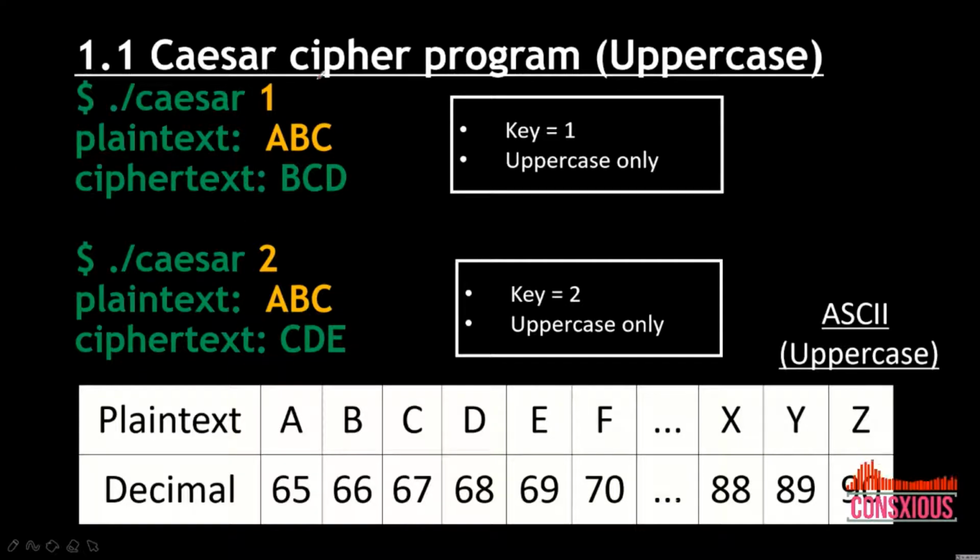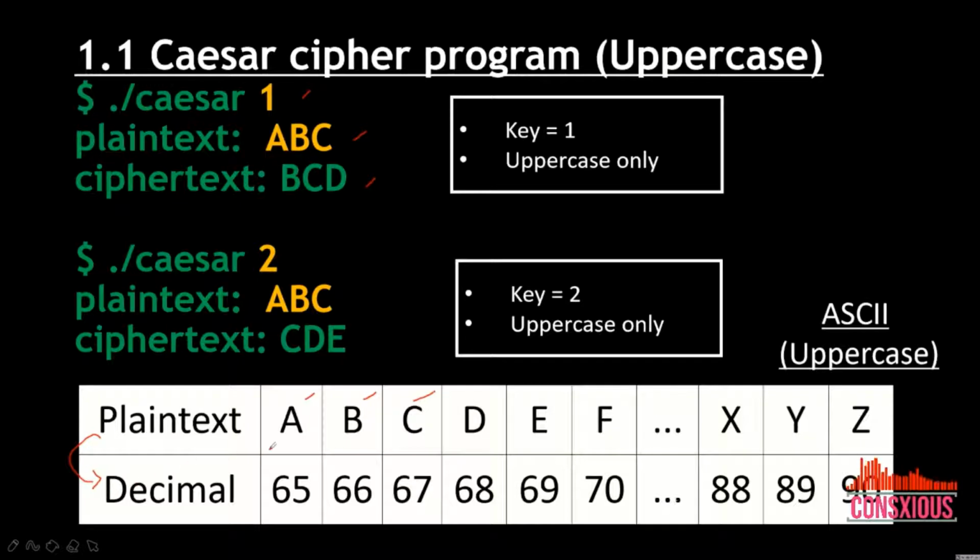So we can see this example here. The user keys in 1. So the plaintext the user keys in is ABC uppercase. So our program will convert the text into the ciphertext BCD. Behind the scenes, the plaintext ABC, when we convert inside the program, will convert into a decimal.